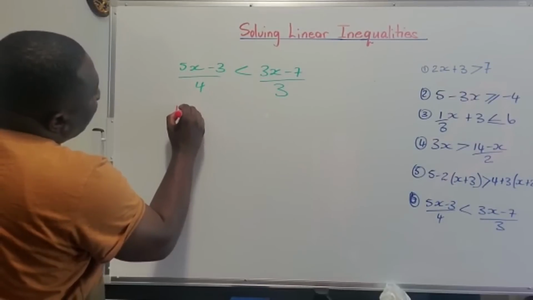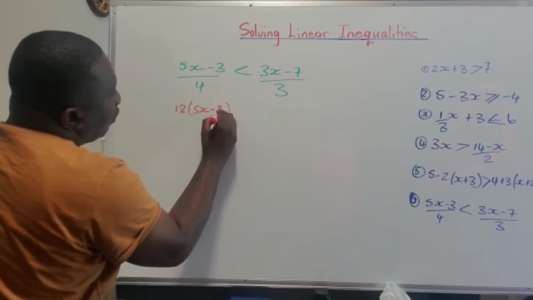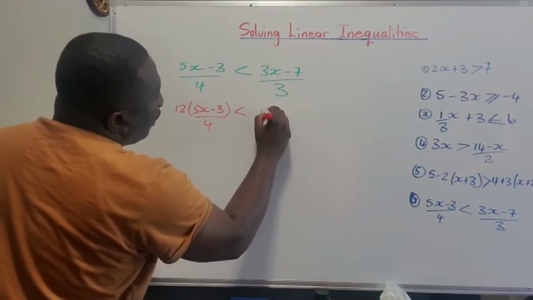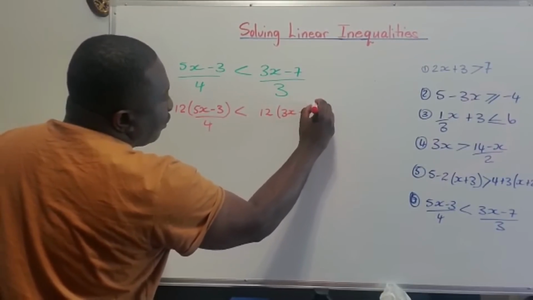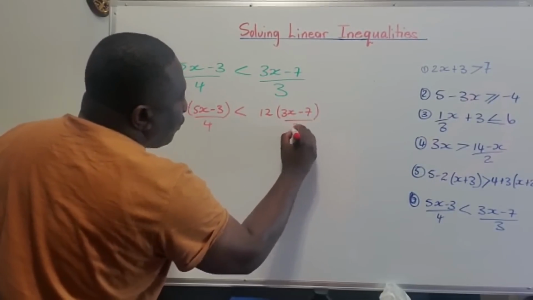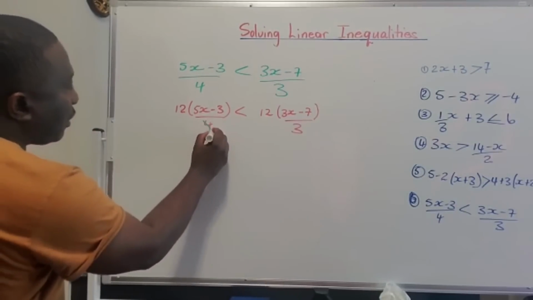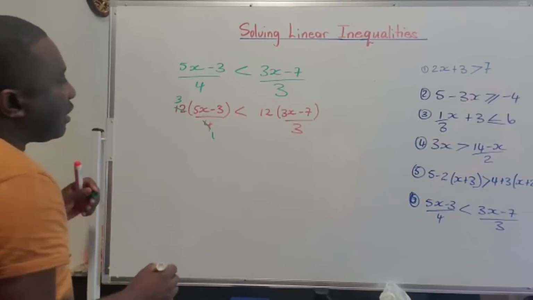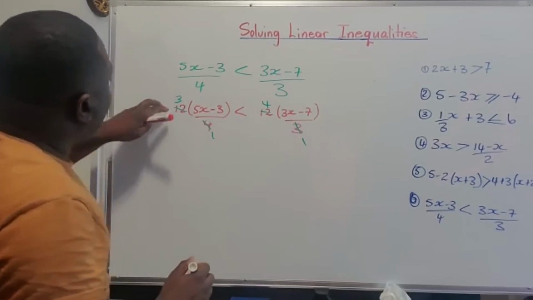So 12, open bracket, (5x minus 3) all over 4 less than 12 times (3x minus 7) all over 3. Now we can simplify. 4 into 4 will give me 1. 4 into 12 will give me 3. 3 into 3, 1. 3 into 12 will give me 4. Now we can multiply.